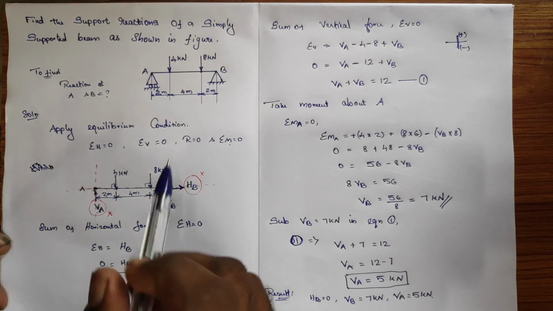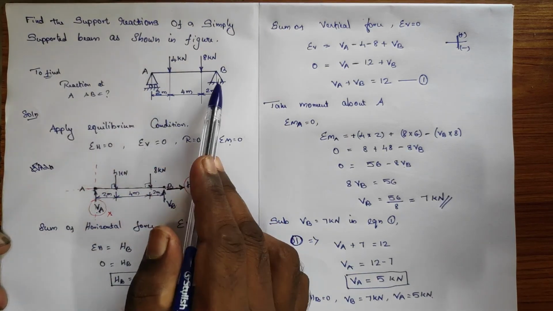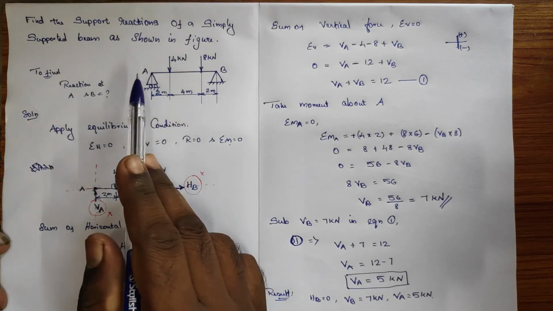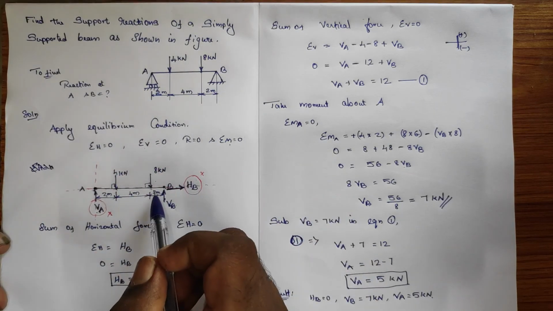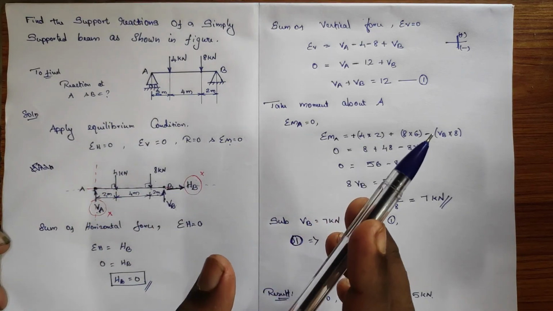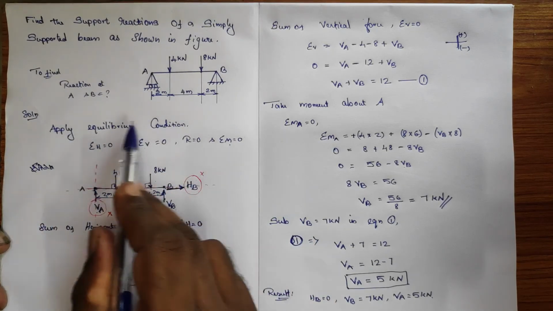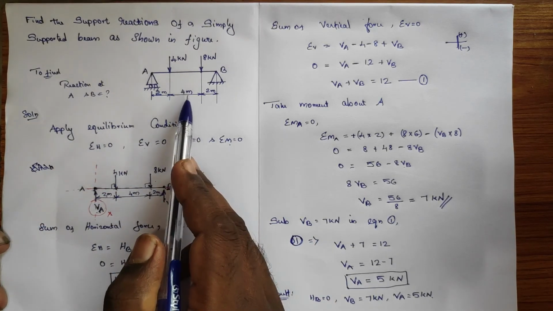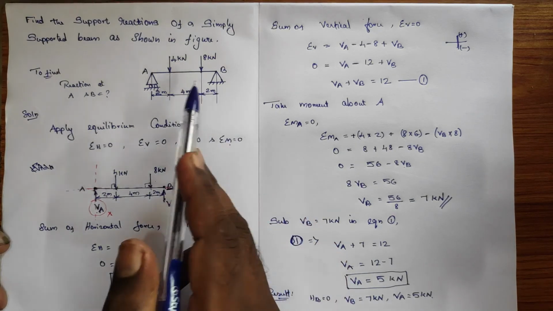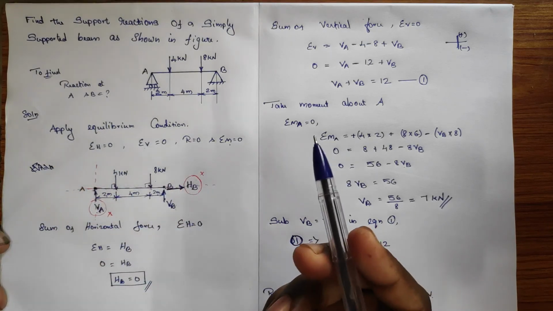When you have a beam and supports, definitely we need to find the unknown reactions at any point. Based upon the supports on the beam, we need to find the reaction forces. Here at A and B, right? So always remember, you need to apply the equilibrium condition whenever you are going to find the unknown reactions. Without the equilibrium condition we cannot proceed.